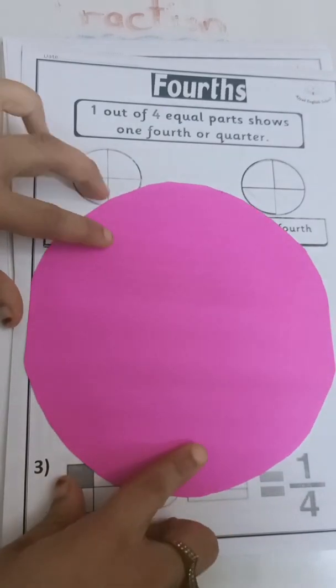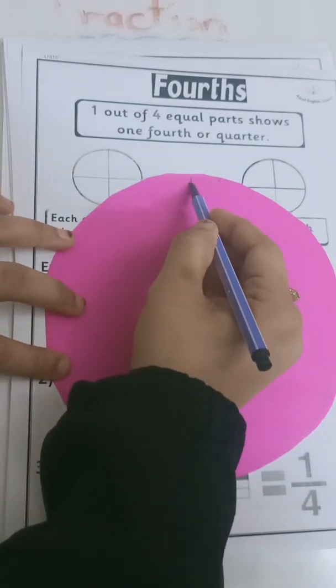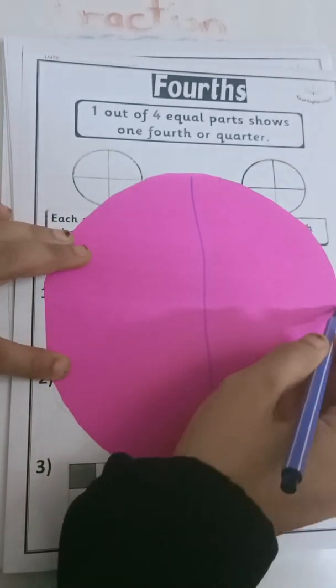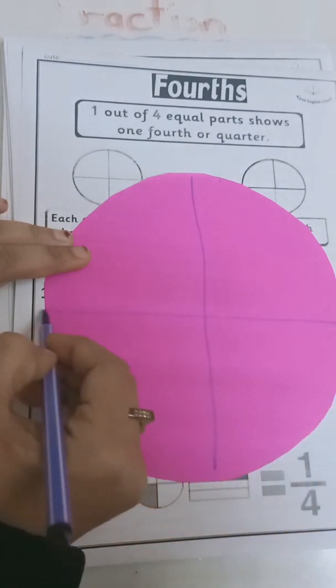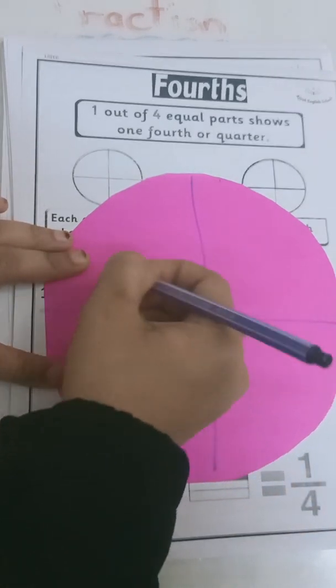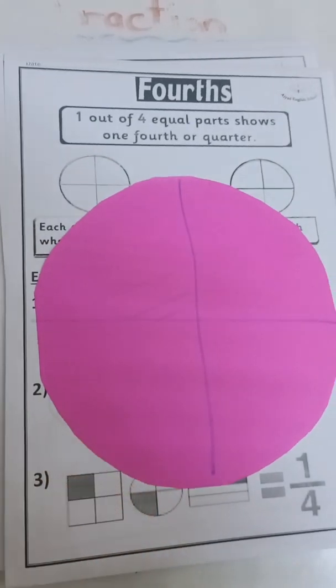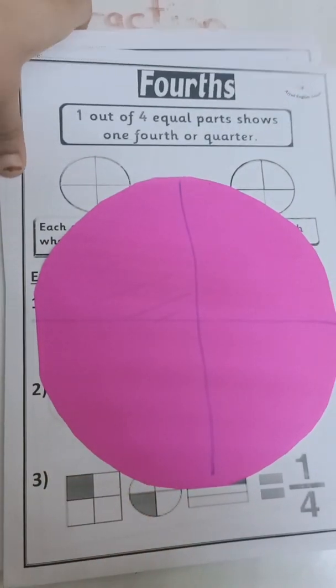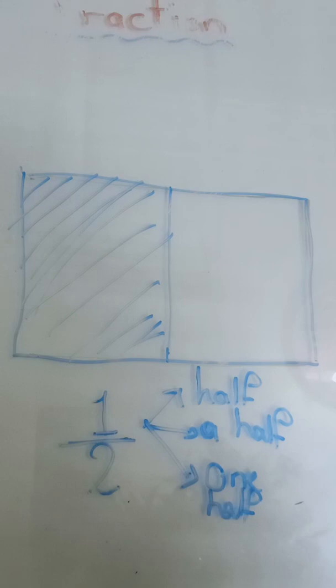Now, if we have the whole circle and divided for 4 parts, divided it, so we have 4 parts.